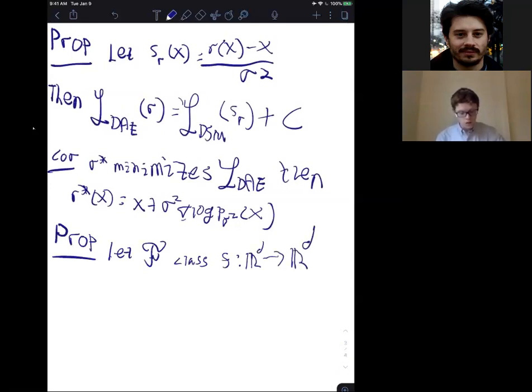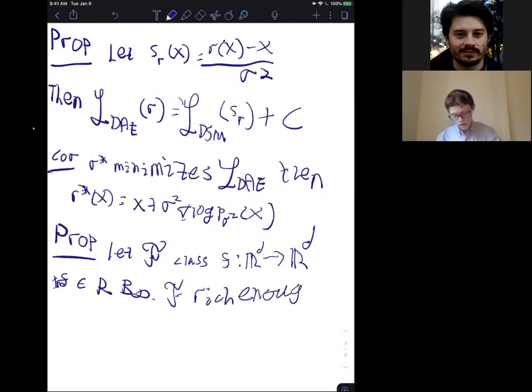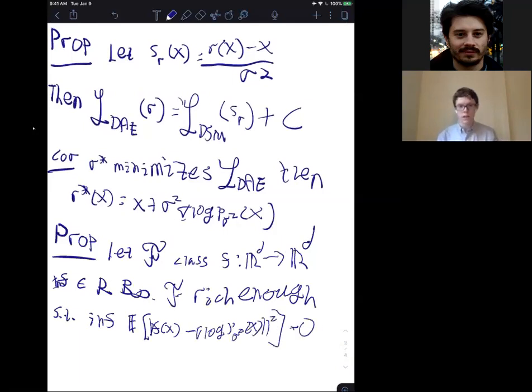We want F to be in an R times infinity ball, so coordinate-wise, the functions have to be bounded by R. And then we also want F to be rich enough such that the infimum over F of E of f of X minus del log P sigma squared is 0. So this is a well-specified case.